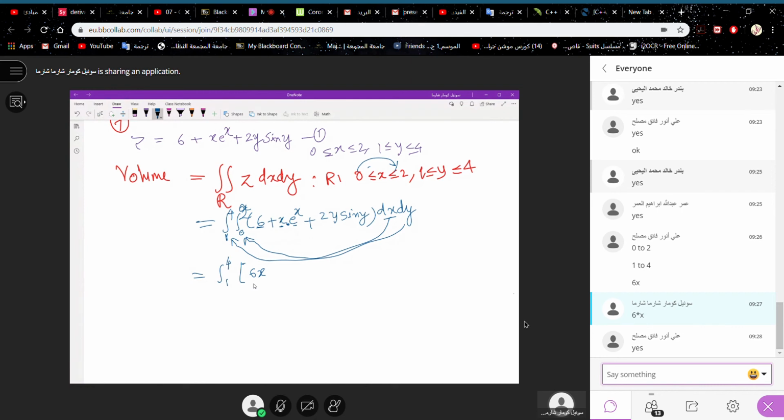Let this be the first function and this the second function. First is x, second is e to the power x. So we will differentiate this side and integrate this side. What is the derivative of x? 1. And the integration of e to the power x is e to the power x. Derivative of 1 is 0. And we will stop here.